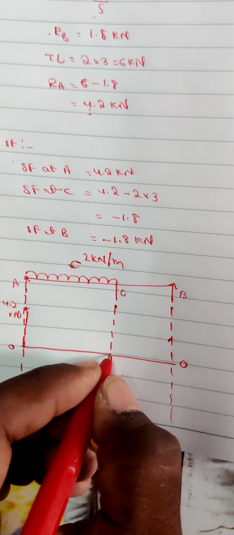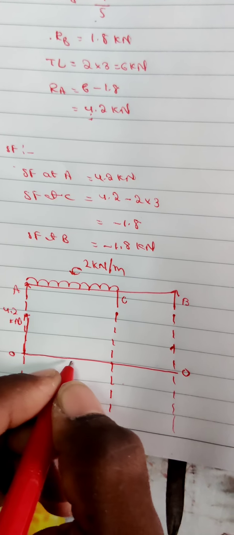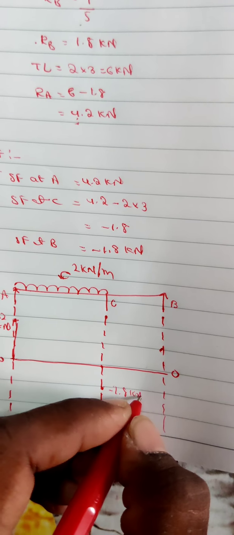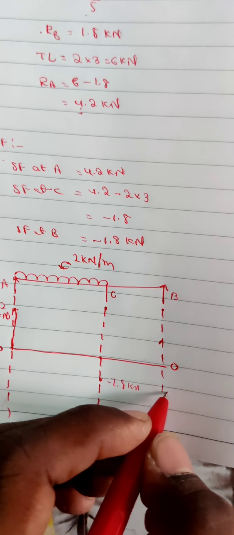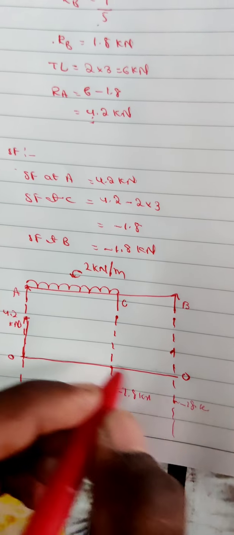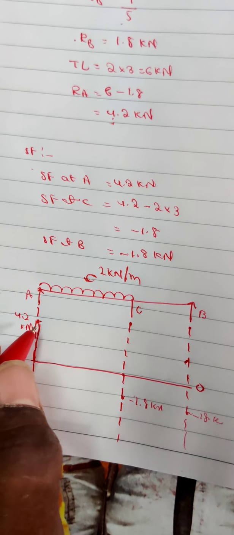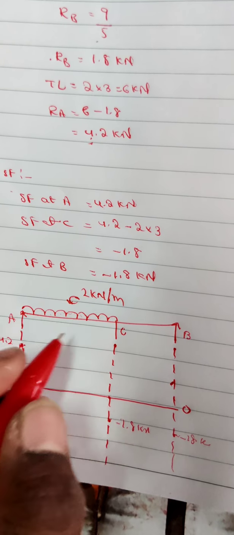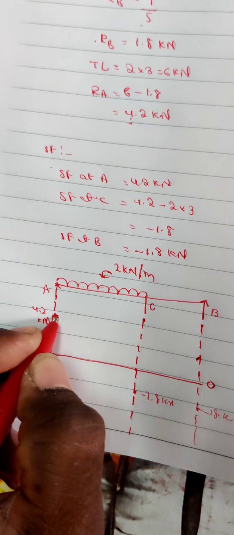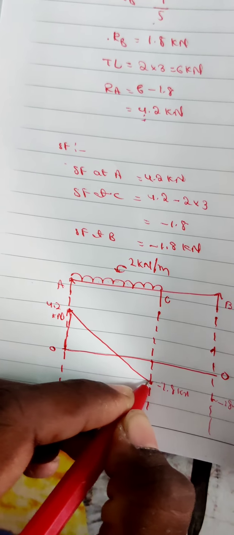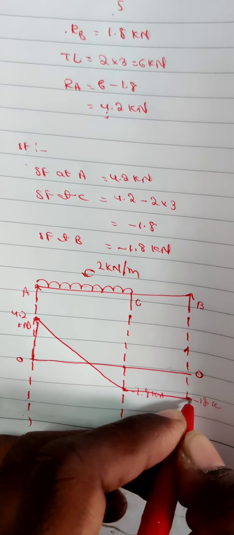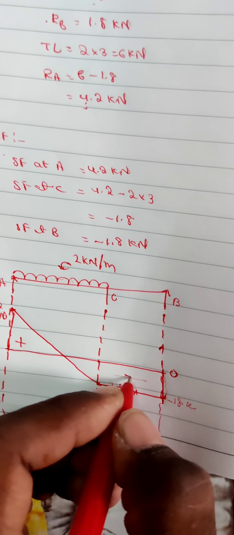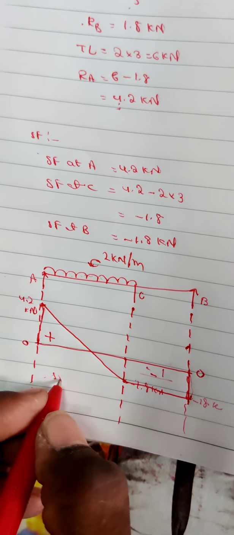A minus value means it lies below the datum line. Shear force at B is also minus 1.8, at the same height. How do we join them? We remember that in the shear force diagram, wherever the UDL is acting, the diagram will be a sloping line. So it goes like this, straight up to here, and joins to the zero. This is the positive shear force, and this is the negative shear force, the SFD.